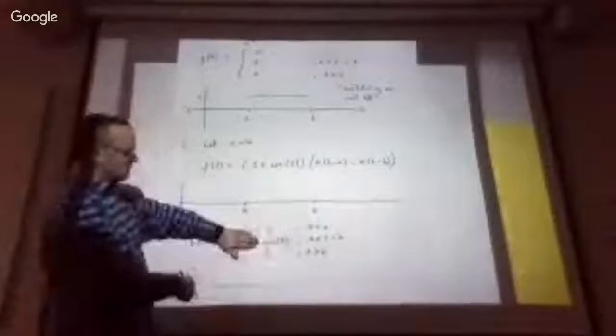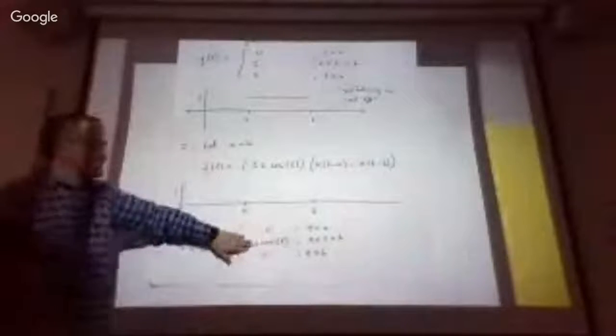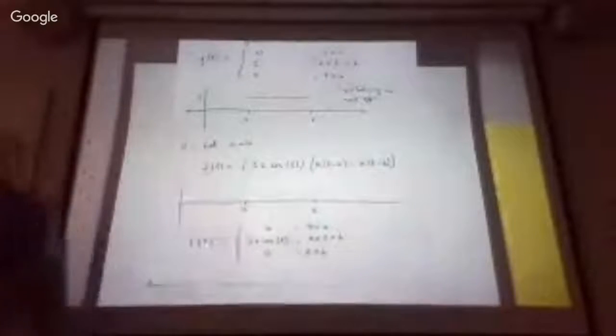Remember, cosine of t oscillates between plus and minus 1. So if I'm adding a 1 to it, 1 plus cosine of t is going to oscillate between 2 and 0. Yeah? You've got 1 up here, 2 there, 0 there.